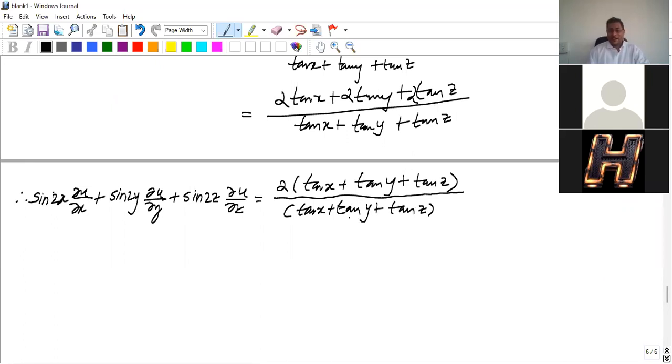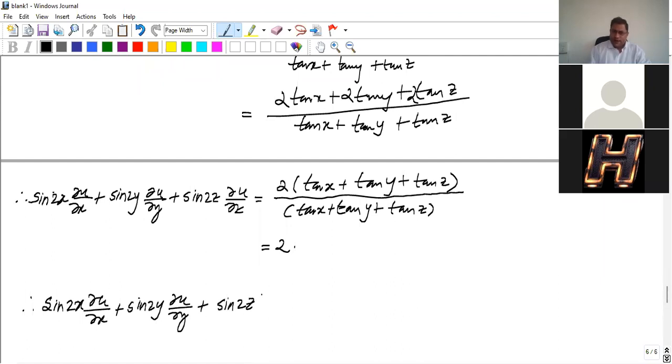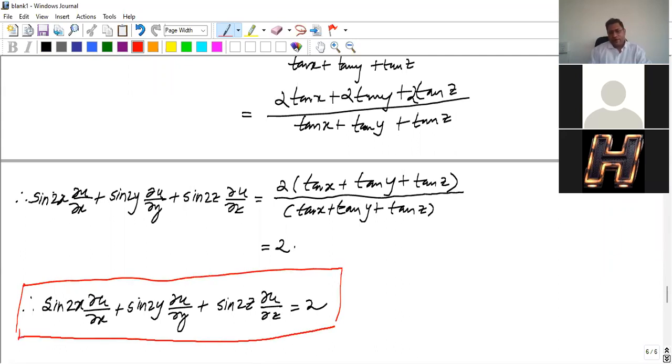So can we cancel these brackets? Yes, sir. So we get a very nice answer: sin 2x ∂w/∂x + sin 2y ∂w/∂y + sin 2z ∂w/∂z is equal to 2. So this is what we wanted to find.